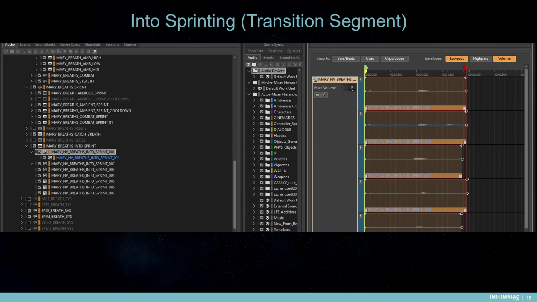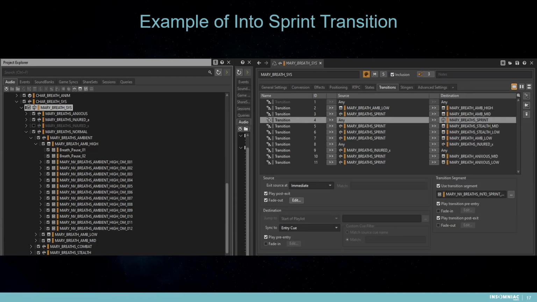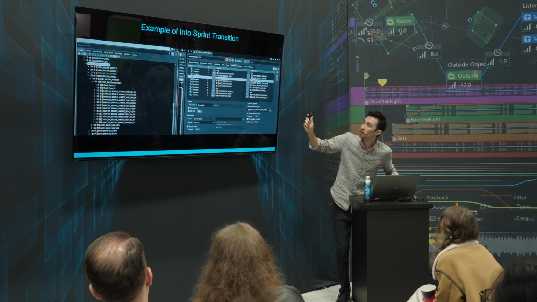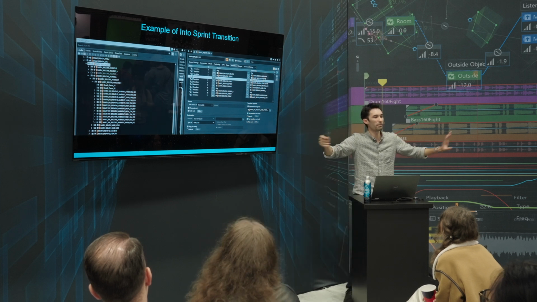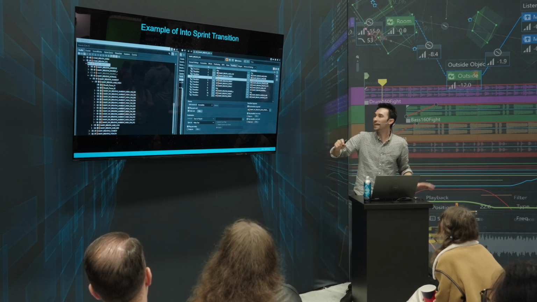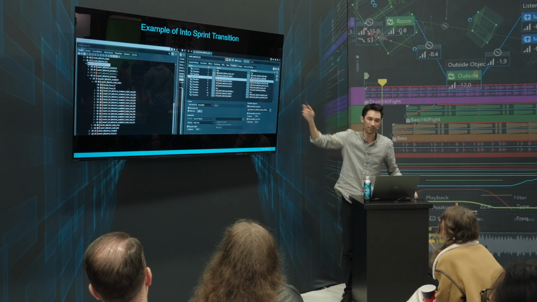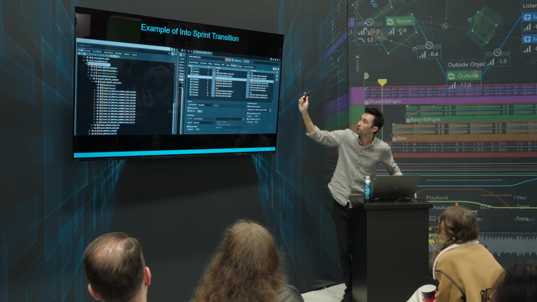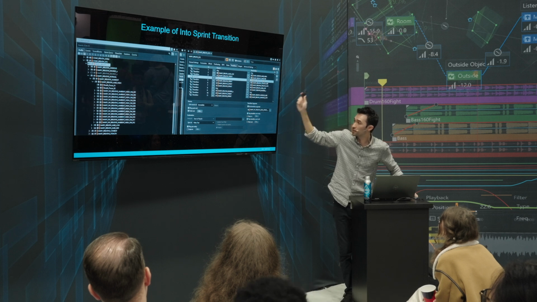When we go to an example of the sprint transition here, going back to our transition matrix, this is where I'm going to tie everything together. This is the rule. Any means it doesn't matter what you're doing. If you're doing anything and you go into sprint, the character starts sprinting, you're going to play her music playlist sprint container.